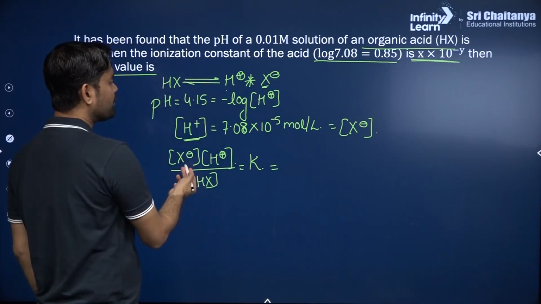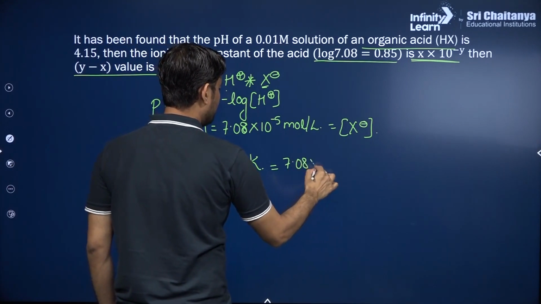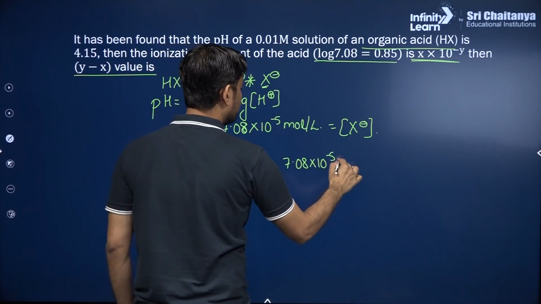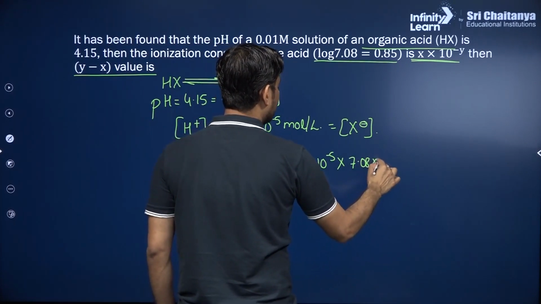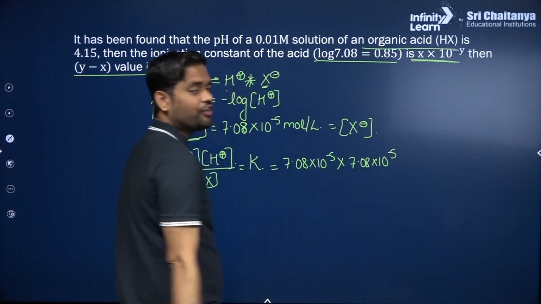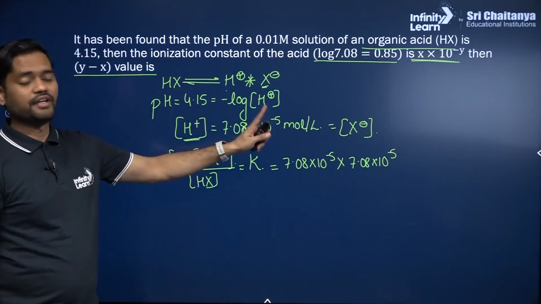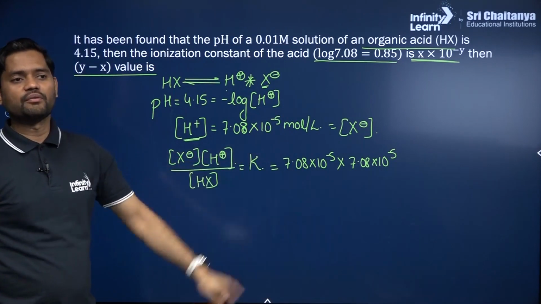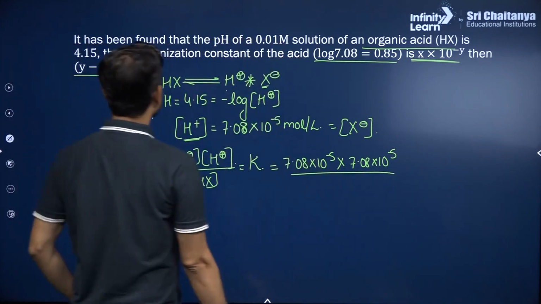Now that is equal to 7.08 into 10 raised to minus 5, into 7.08 into 10 raised to minus 5, because the concentration of H plus ion and the concentration of X minus ion are both the same, by concentration of HX.